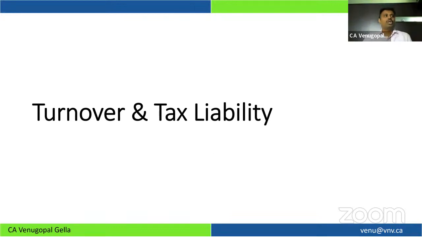Firstly, you have to reconcile your turnover. When we say reconciliation of the turnover, please consider GSTR 1 as your sales reporting and GSTR 3B as your liability discharge module. Look at it this way: R1 is your turnover reporting and 3B is your liability discharge.